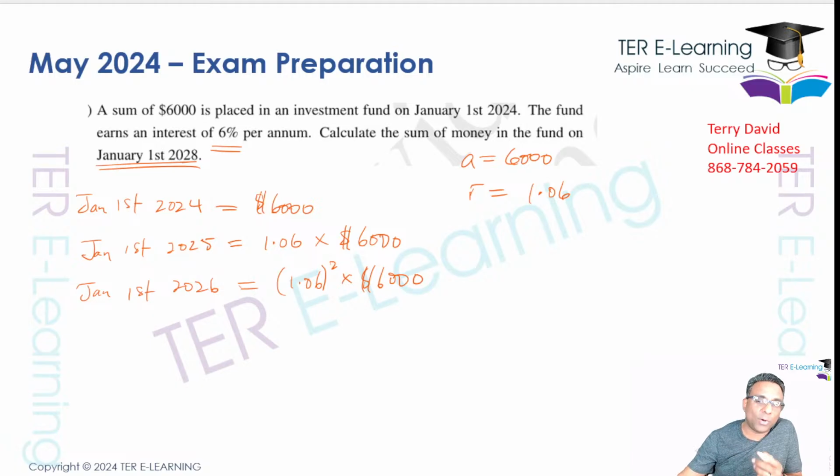If you take 1.06 and multiply by 6,000, you'll get the same answer. Some of you are saying it in the chat: it's 100% plus the 6%, which is 1.06.